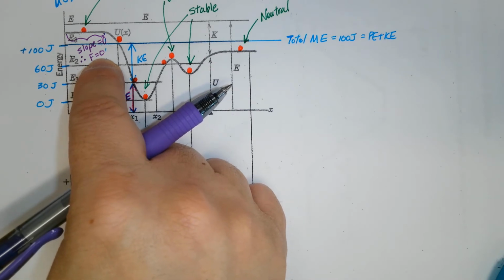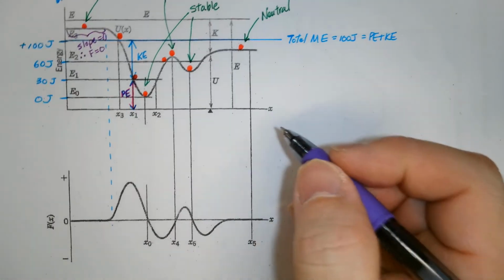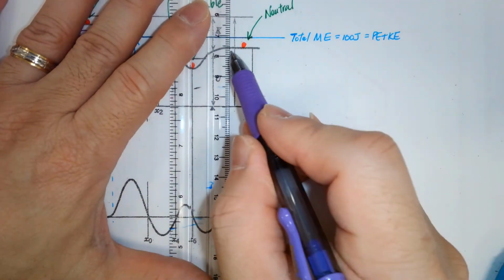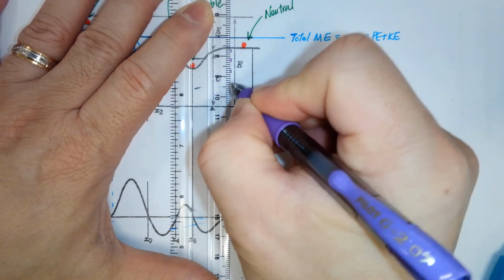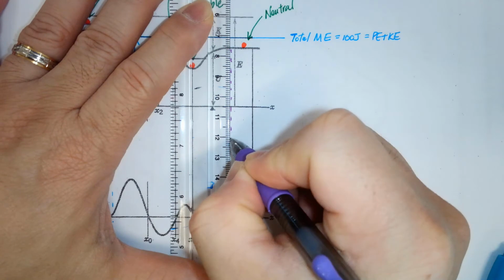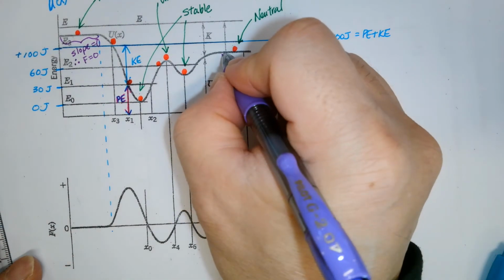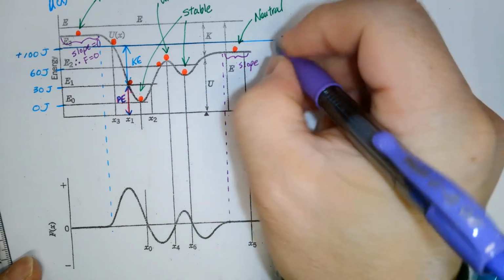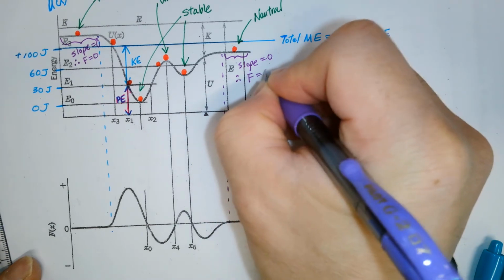Similarly, the slope value from here to here is 0. Therefore, your force is 0.